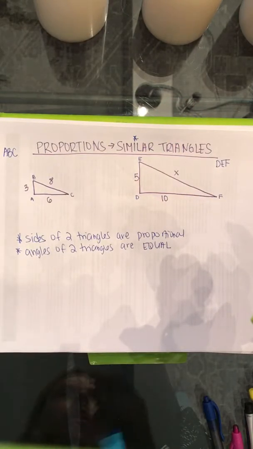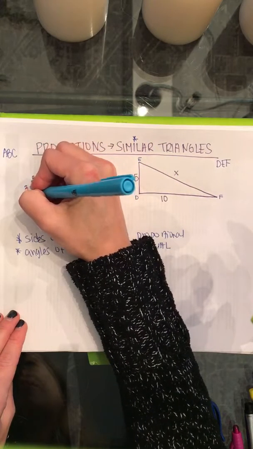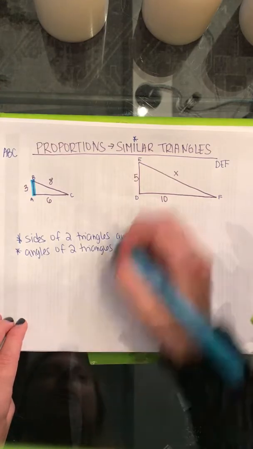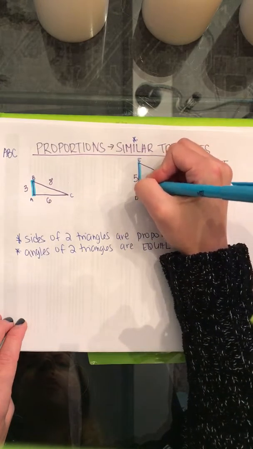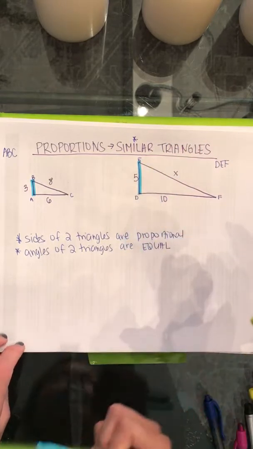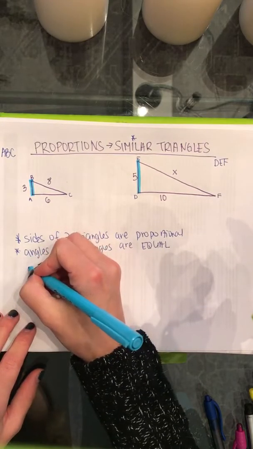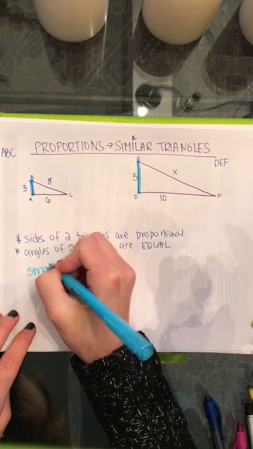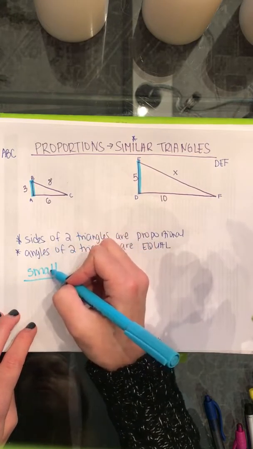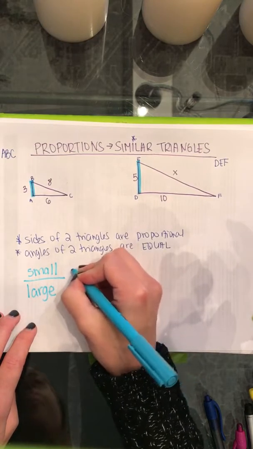So, what did we say our first easiest step was? Well, let's look at side A to B. A to B should be proportional to DE on our larger triangle. So what I'm going to do is I'm going to have my small sides, the sides of my small triangle over the sides of my large triangle.